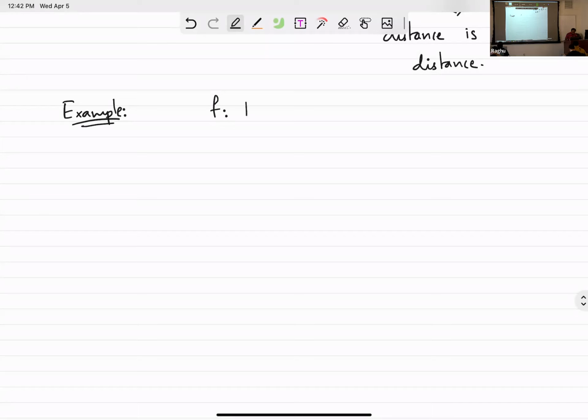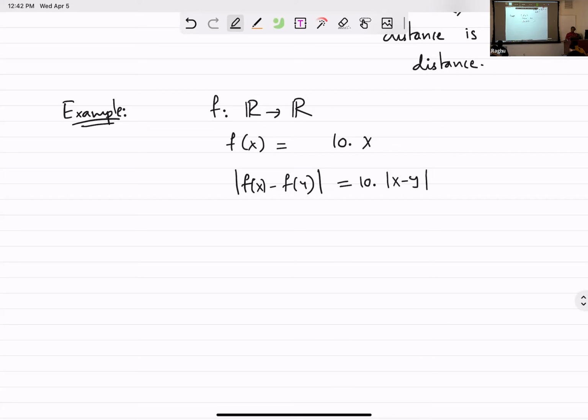Maybe my function is just a single variable function, and f of x is 10 times x. Is this a Lipschitz function? Yes. Now, when I change x by something, in fact, we have an exact equality. So this is just 10 times |x - y|. Right? So f is 10-Lipschitz.